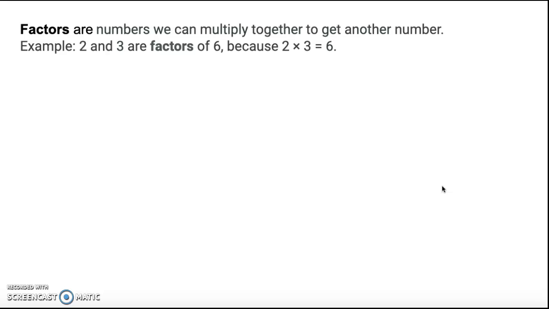So if we don't know our math facts by heart, you might want to get your multiplication table, or just have a piece of paper or a scratch sheet next to you, so that you can go ahead and write out the factors.